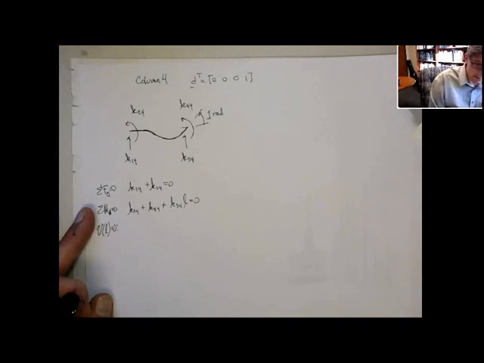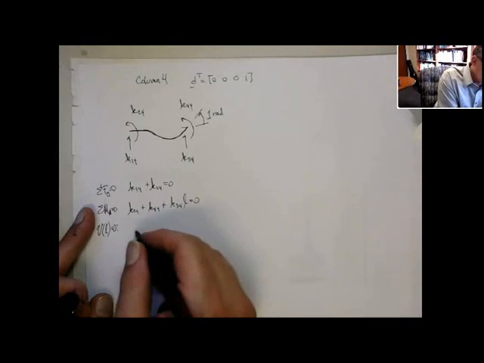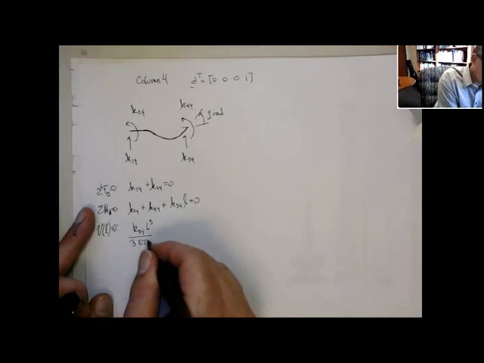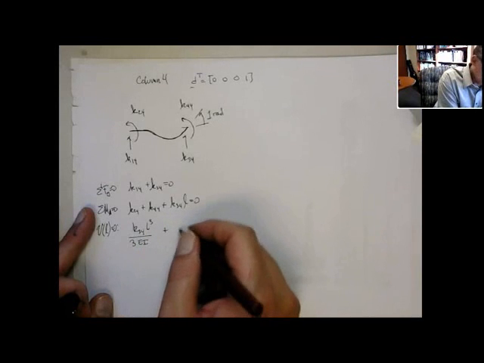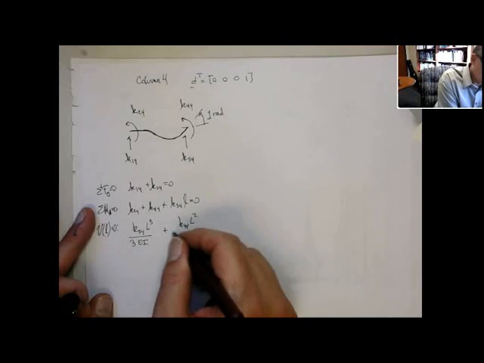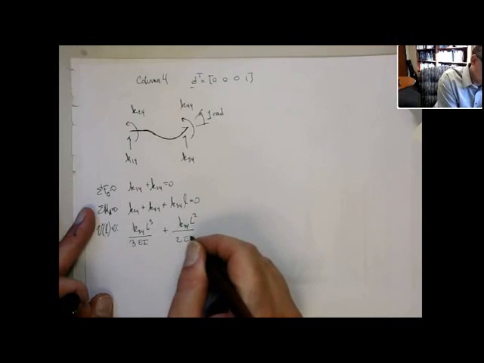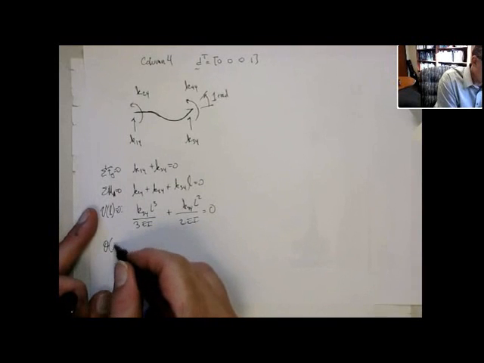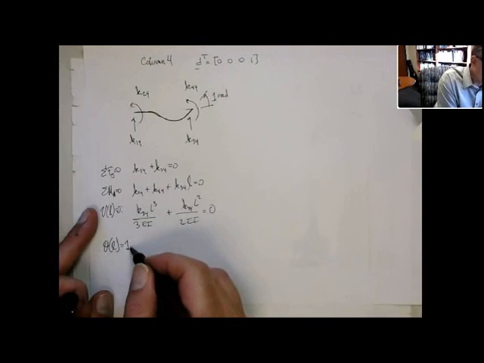So that gives me K34 L cubed on 3EI plus K44 L squared on 2EI, and that has to equal 0. And then finally, the rotation at L equals unity.